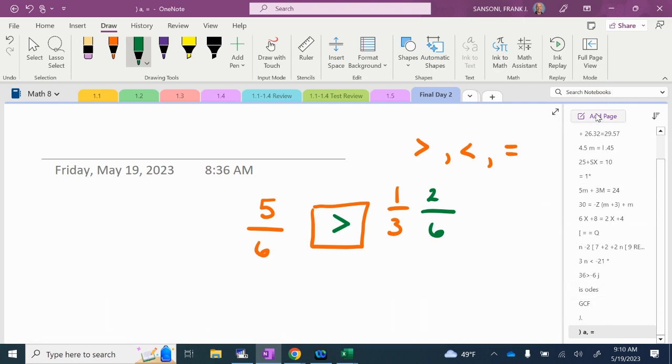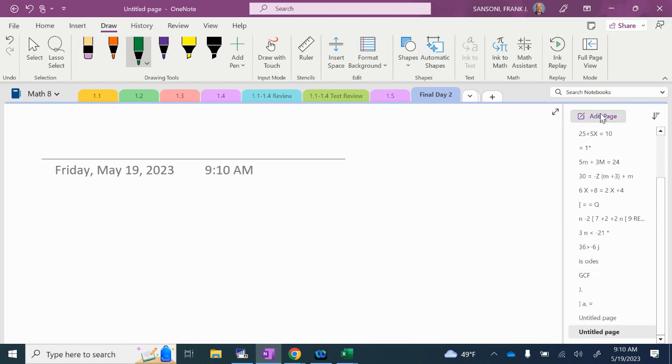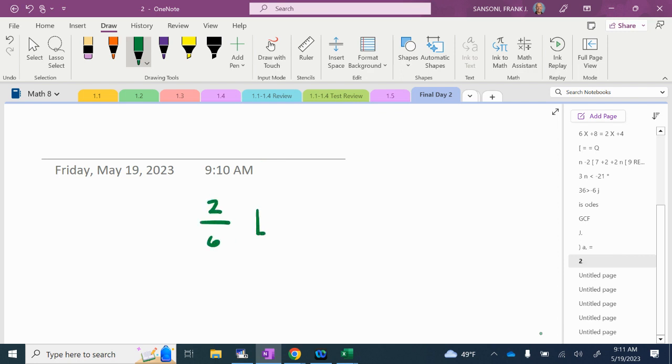Do I need to add more pages? I think I do. 1, 2, 3, 4, 5, 6. Next one, 2/6. Now, one's a fraction, one is a decimal.